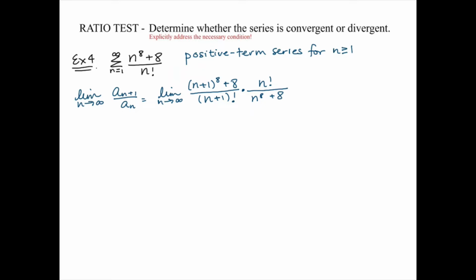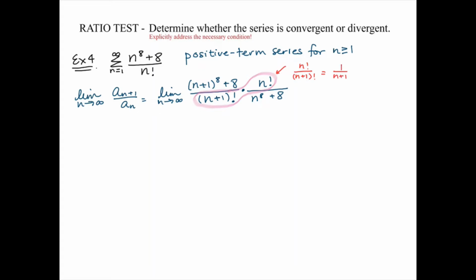Okay, so again, I have this ratio of n factorial over n plus 1 factorial, and we've seen several times that n factorial over n plus 1 factorial is going to reduce to 1 over n plus 1.